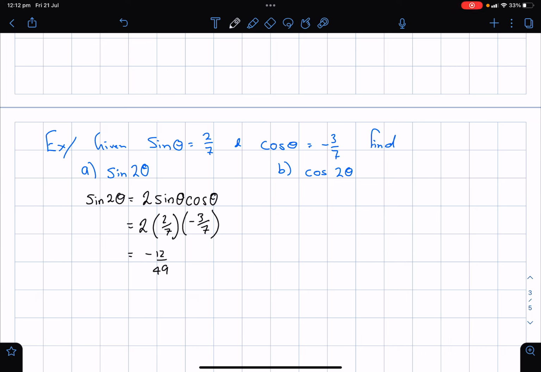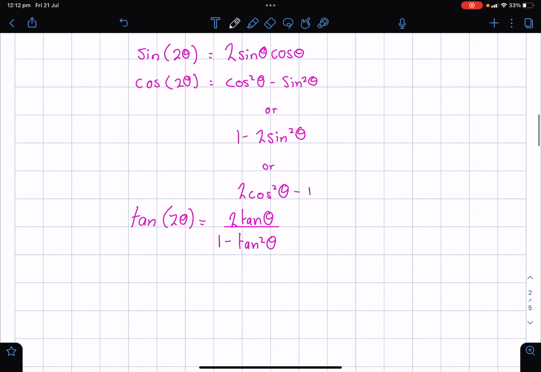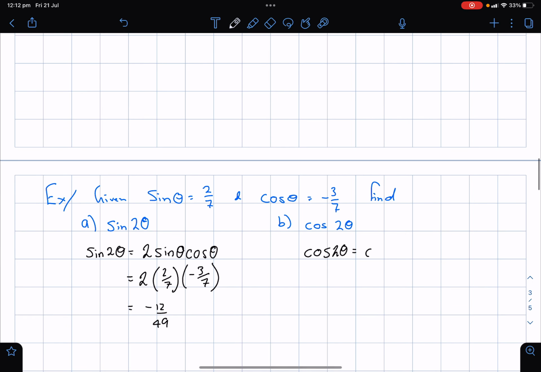Let's have a look at cosine of 2 theta. Now, because I'm given both sine theta and cos theta, it doesn't actually matter which one we use. So we are going to use the first one. So cosine of 2 theta equals cos squared theta take sine squared theta. All right, let's substitute in our values.